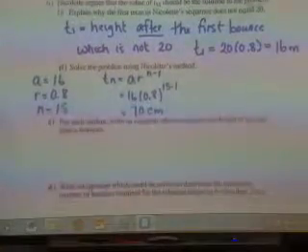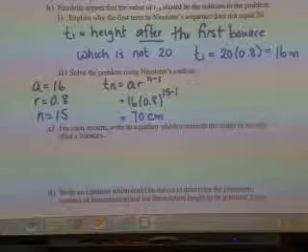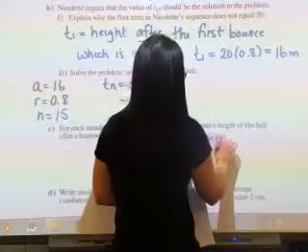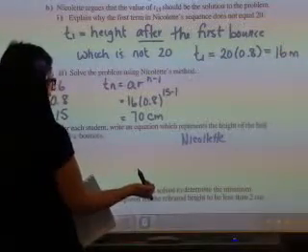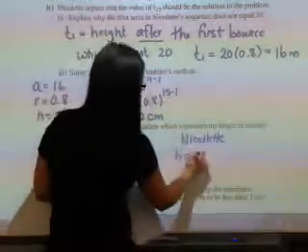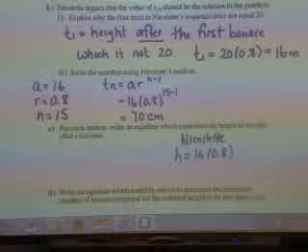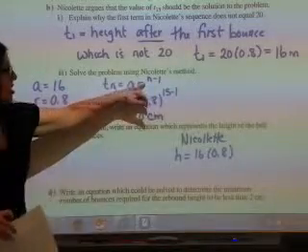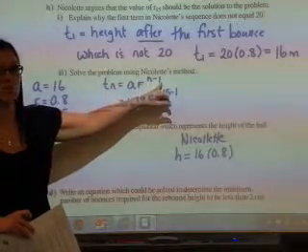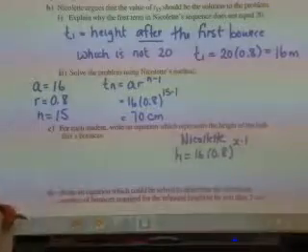So if I was to use a formula or an equation to represent the height after x bounces, for Nicolette, 0.8. And so if she wanted to find the height after 7 bounces, her R value, or the exponent on her R value, would be 7 minus 1. So it would be the number of bounces minus 1. That would be Nicolette's.